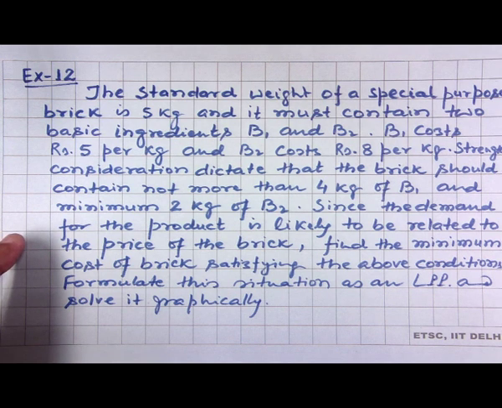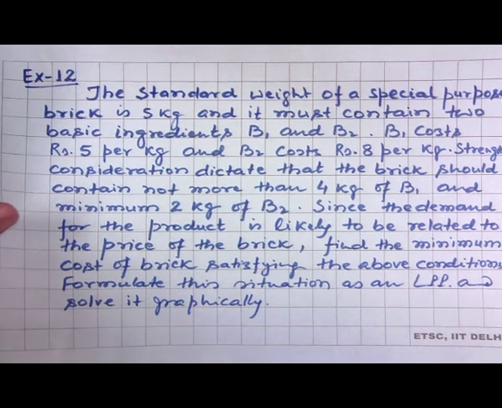Strength considerations dictate that the brick should contain not more than 4 kg of B1 and minimum 2 kg of B2. Since the demand for the product is likely to be related to the price of the brick, find the minimum cost of brick satisfying the above conditions. Formulate this situation as an LPP and solve it graphically.